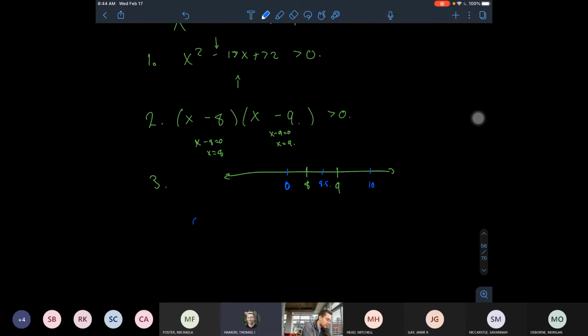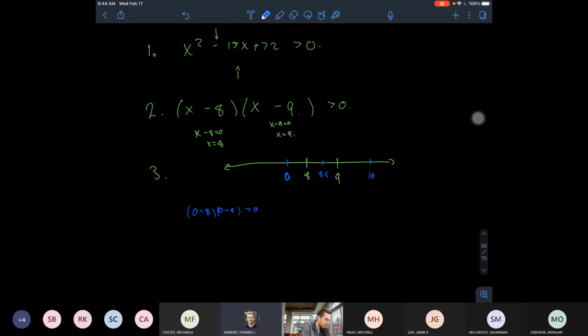So I plug in 0: 0 minus 8 times 0 minus 9 is larger than 0. I get -8 times -9, which is 72. So yes, that's larger than 0, and this region is all good. Now let's try 8.5: 8.5 minus 8 times 8.5 minus 9 is larger than 0.